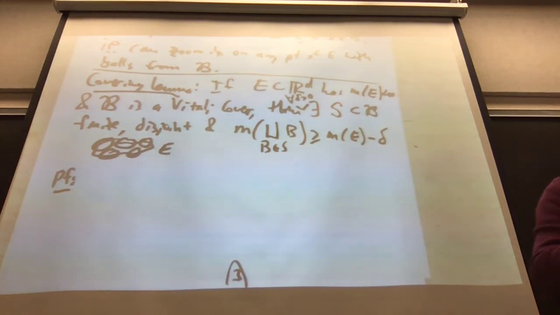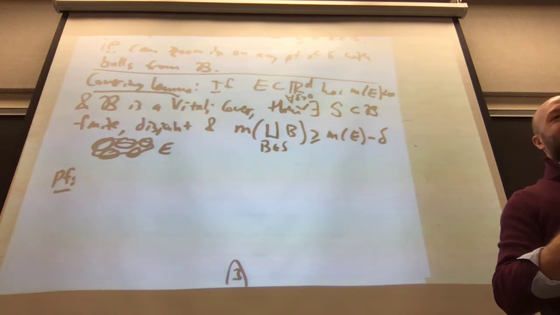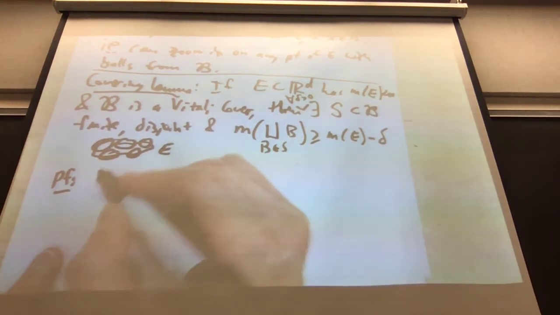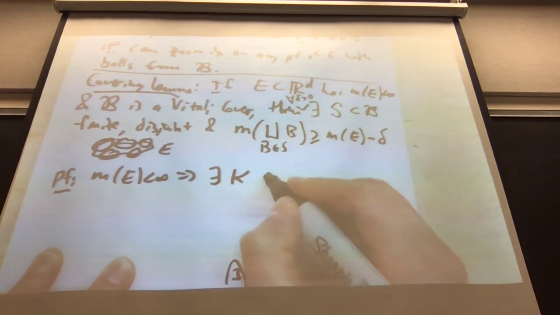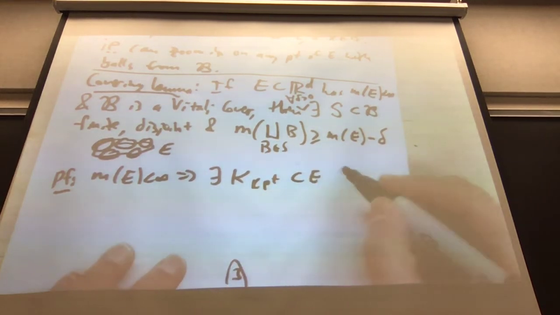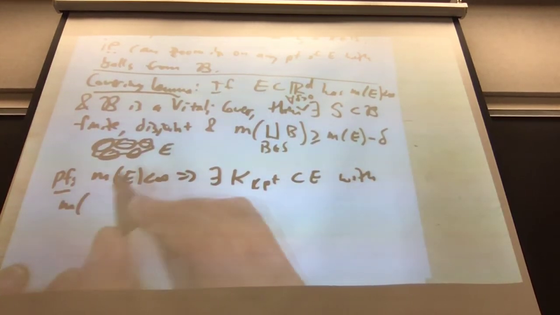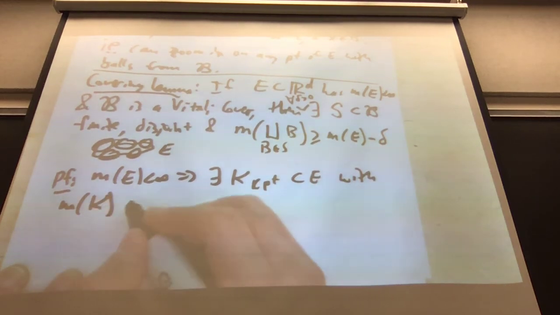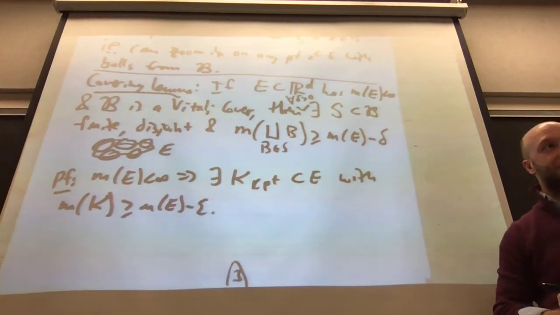Very simple. So if you have a finite measure set, remember week 2 or something, we were talking about what measurable sets look like? So the measure of E is finite implies there exists a compact subset. I drew E as some bounded thing, but in fact it could still be finite and have this cusp out to infinity. There's a compact subset of E with the measure of K being at least the measure of E minus epsilon for any epsilon.